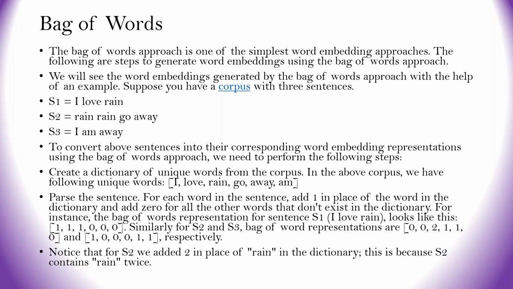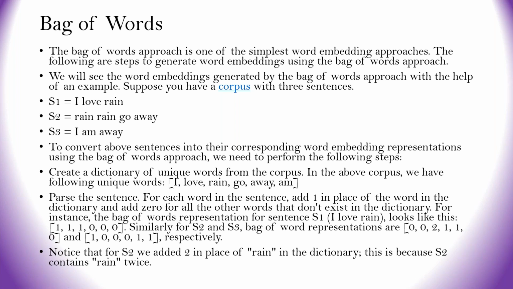When you convert them into word embeddings using the bag of words approach, like the same term frequency model, we create a dictionary of unique words from the available corpus. In the above corpus, the unique words I am choosing are I, love, rain, go, away, am.